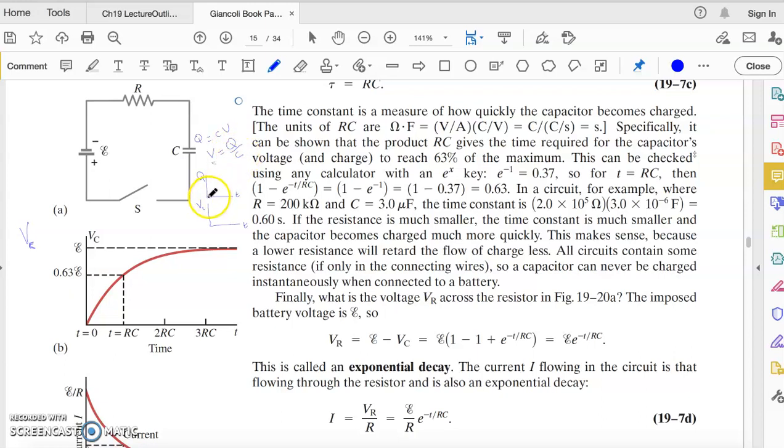For example, if the graph looks like that for this one, the graph should look like that. All right? But what is the difference between them? The maximum value. That will be a charge, that will be a voltage. But in general, the looking of the graph for the charge and the voltage across the capacitor is exactly the same. The tendency is the same.